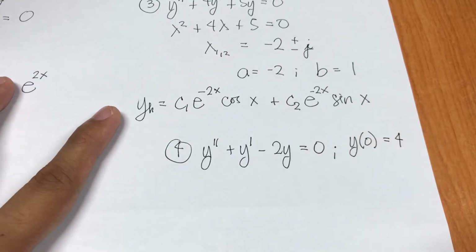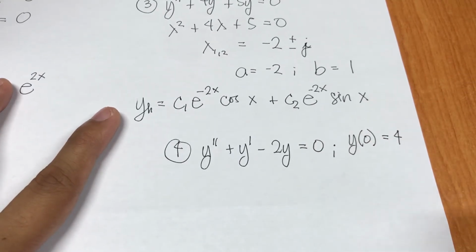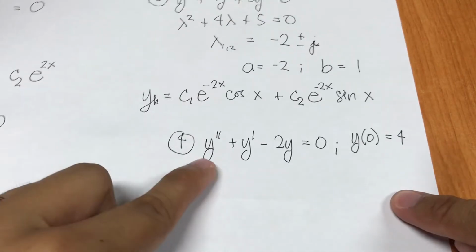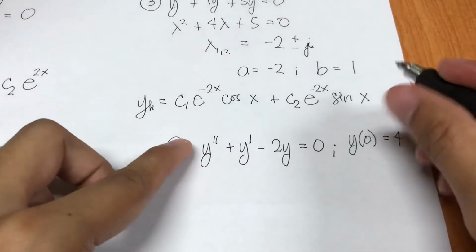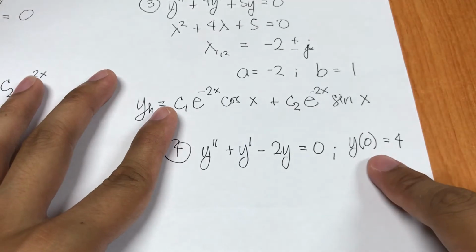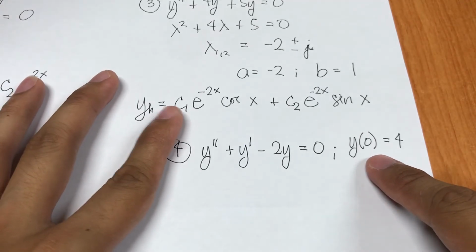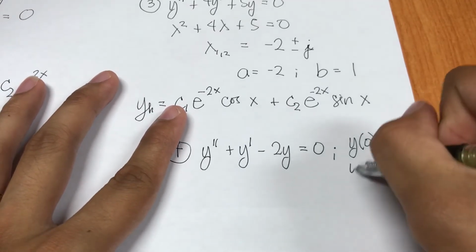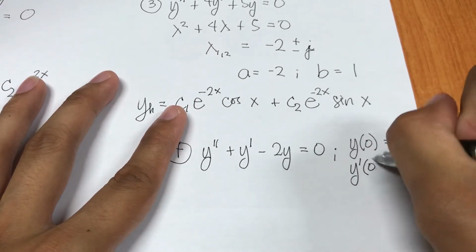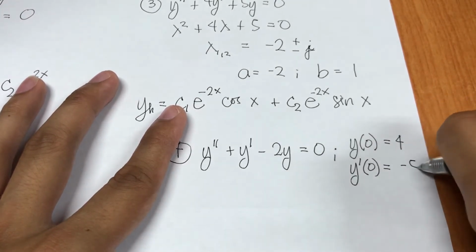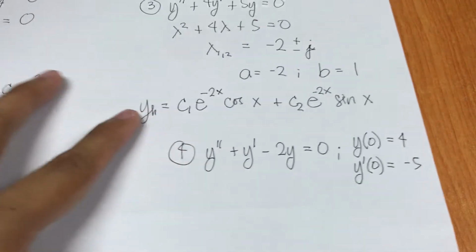Now, unlike first order differential equations where you only need one initial value to solve for the arbitrary constants, this is second order, so we also need 2. The first initial value is y equal to 4 when x equal to 0, and the first derivative of y when x is equal to 0 is equal to negative 5.